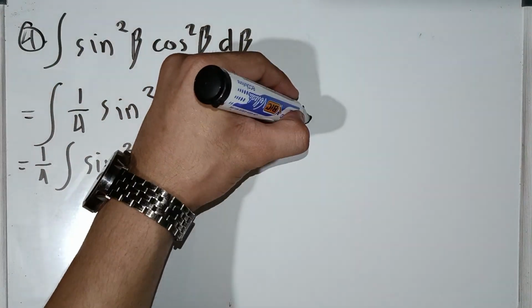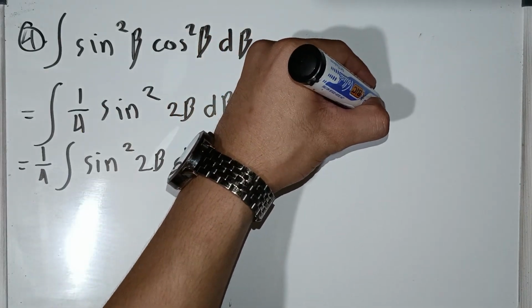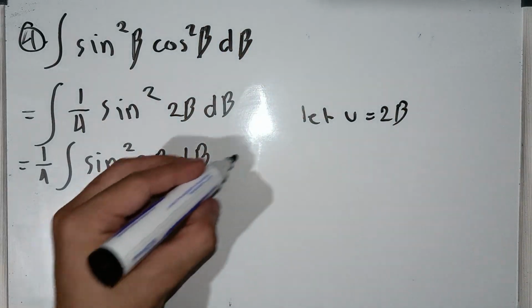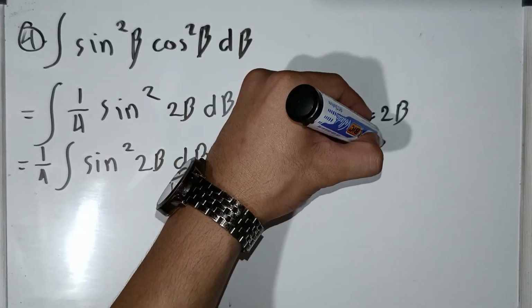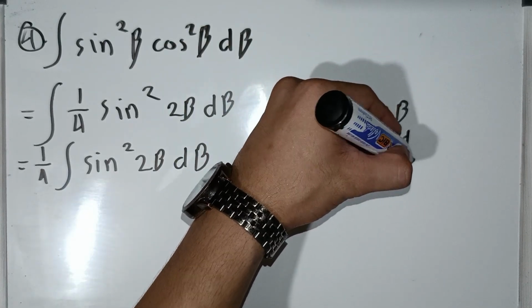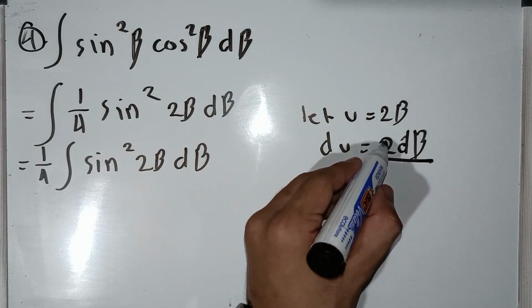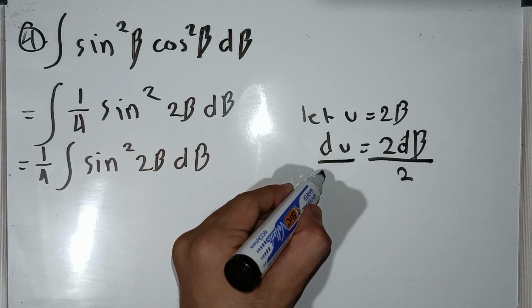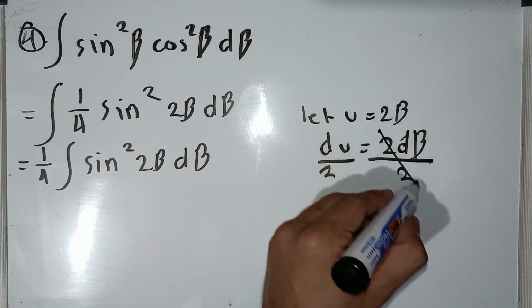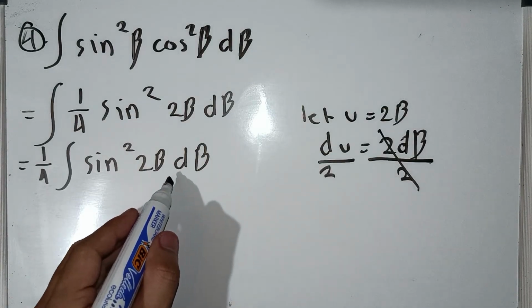Letting 2 beta is equal to u, so u is equal to 2 beta and its derivative is equal to 2 d beta. Since we only need the d beta, let's divide this by 2 and cancel this one, so we can now use this instead of this.